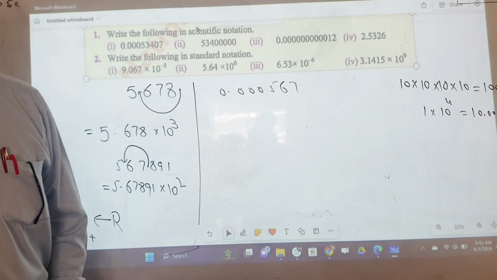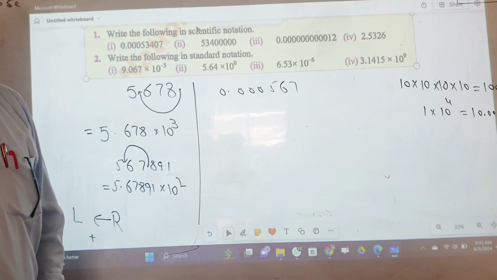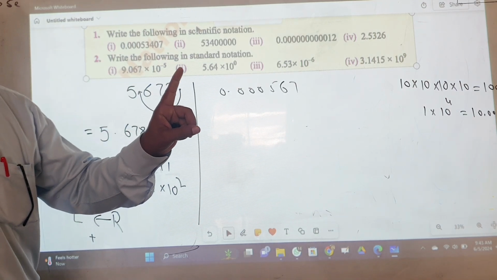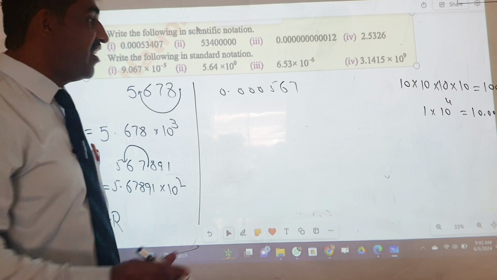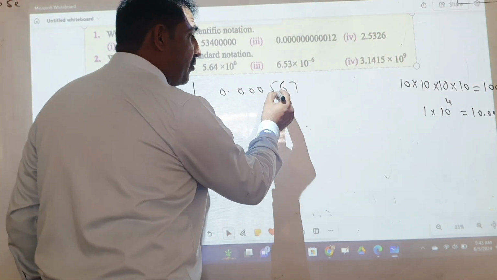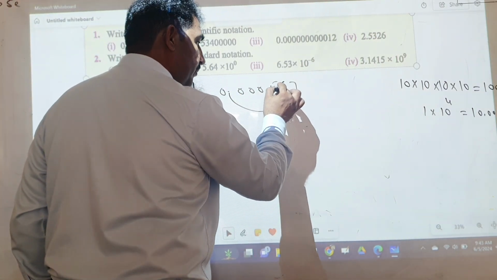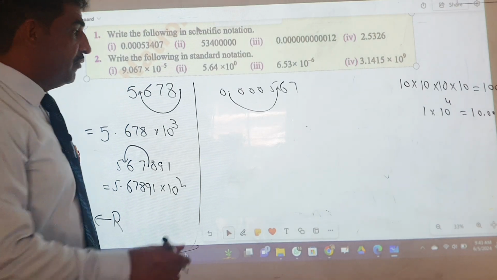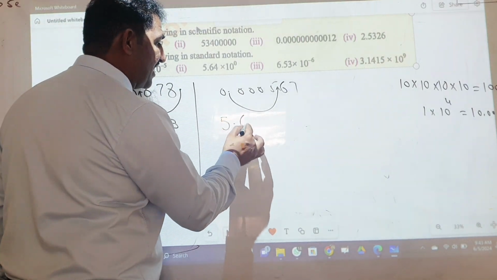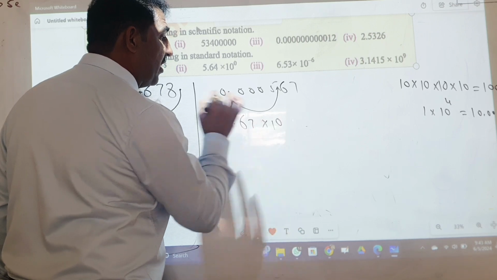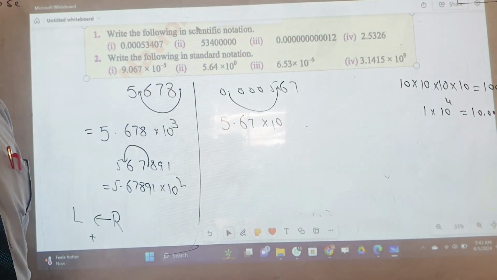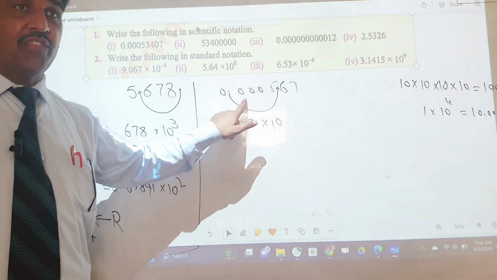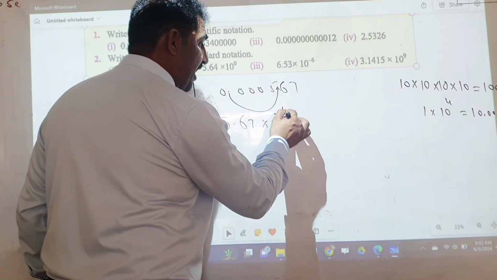Where should the decimal point shift? After 5, because the first digit other than 0 is 5. So we will write 5.67 exponent 10. What is that? How many digits do we count? 4. So we will write here minus 4.